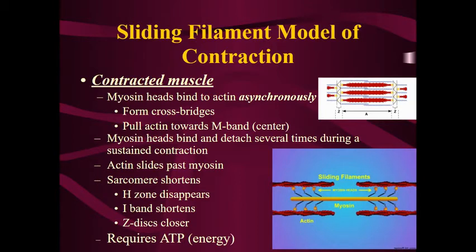The actin will slide past the myosin, the sarcomere will shorten, the H zone disappears, the I band shortens, the Z discs become closer together, and this requires a great deal of ATP, which is adenosine triphosphate, or the usable energy produced by the mitochondria in our bodies.